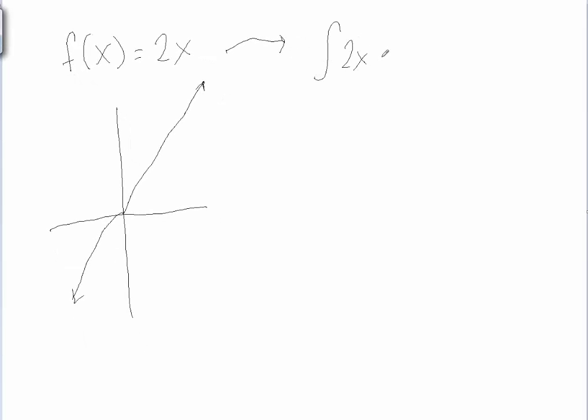The antiderivative of 2x dx ends up being x squared plus our constant. But again, let's focus on this x squared. Checking, the derivative of x squared is 2x, so x squared would be the antiderivative.